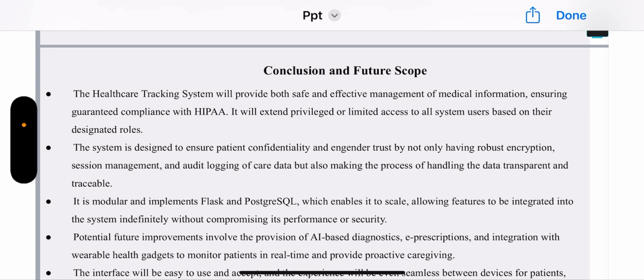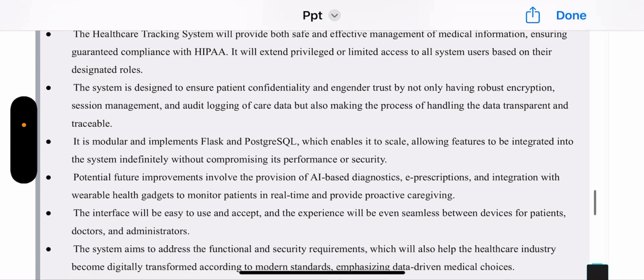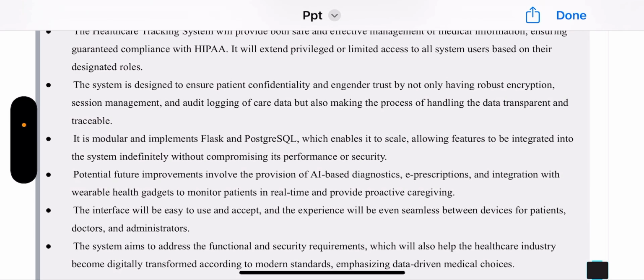Authenticators should be done in specific ways, along with the modules and system design, patient confidentiality and trust, and authentication, session management, and audit logging, everything should be handled in data transfers, and also they need to be maintained.